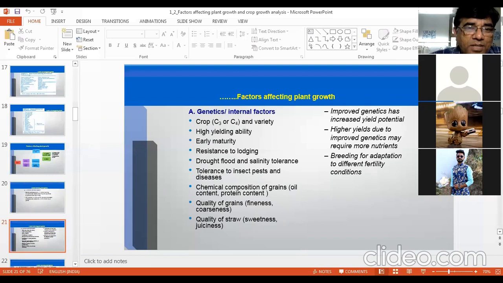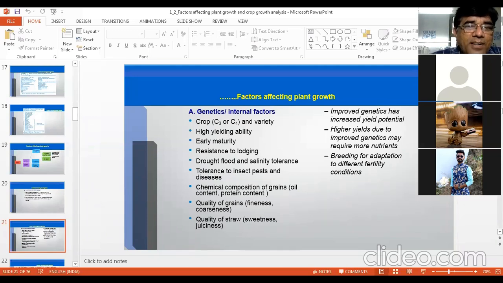Resistance to lodging. If a particular plant is resistant to lodging, then it will have better growth than the plants which are susceptible to lodging, because lodging will reduce the growth. Lodging can happen for root lodging or stem lodging. It is going to influence the growth of the crop.